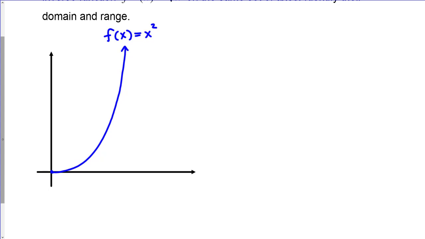So that's what I've drawn there. Now, for the graph of the square root of x, actually, tell you what, let me identify domain and range. For f of x, the domain is 0 to infinity, and the range is also 0 to infinity.